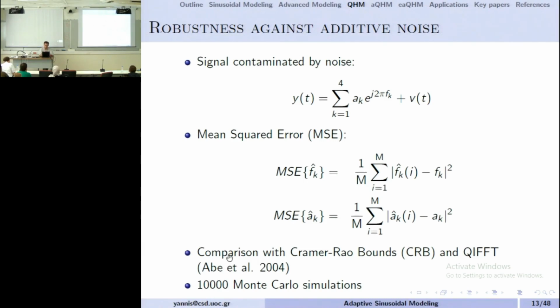So now we compare the results to the best solution that you can have, which defines the bound, the Cramér-Rao bound. And we compare it with the quadratic interpolated fast Fourier transform, which is a peak-picking method. Its quality depends on how close these 4 frequencies that I mentioned here are, because then you have a resolution problem depending on how big your analysis window is, etc.